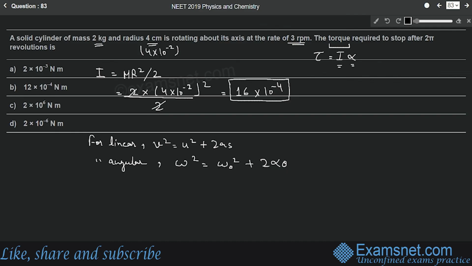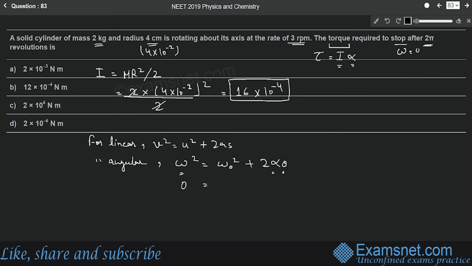Alpha is the angular acceleration and theta is the angular displacement. Now what is omega? Omega is the final speed. So this is going to be 0 because this cylinder has to stop after 2 pi revolutions. So it will stop, that means final speed will be 0. Let's put the value here, 0 square, that is 0.